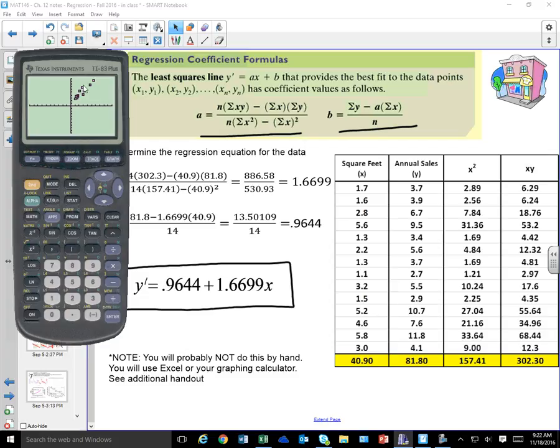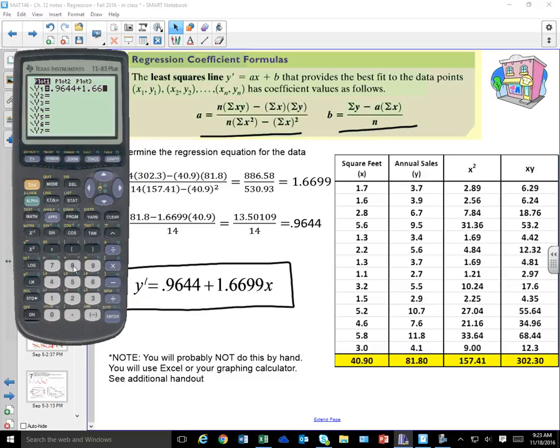You can see pretty well right there that it looks linear, but if you can't really see it or you want a better view, go to zoom number 9, which is the zoom stat. And there we see that it follows a linear pattern, right? Then once we get our equation, we could type in our regression equation here.